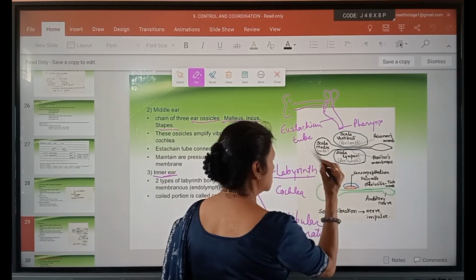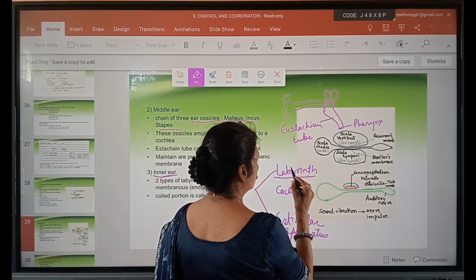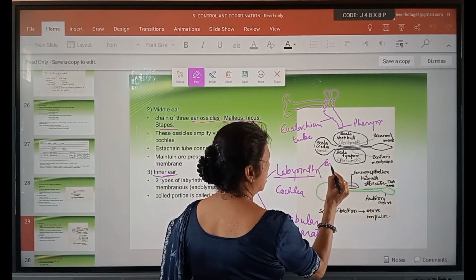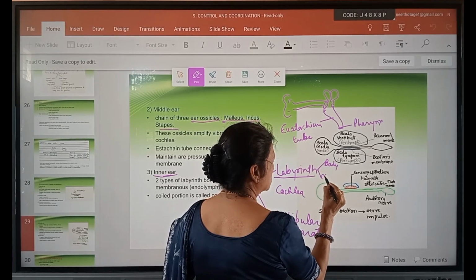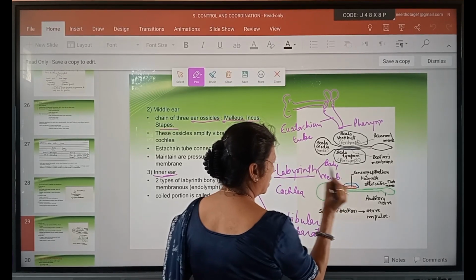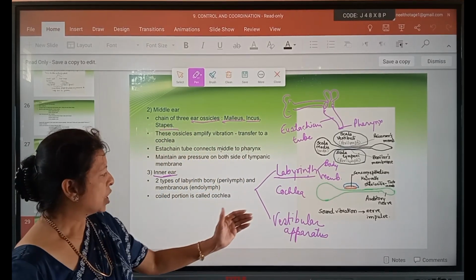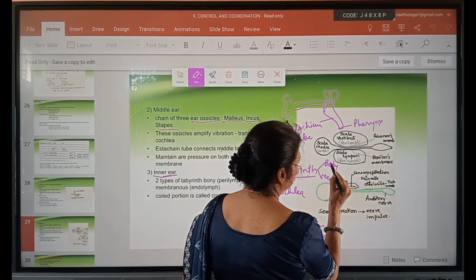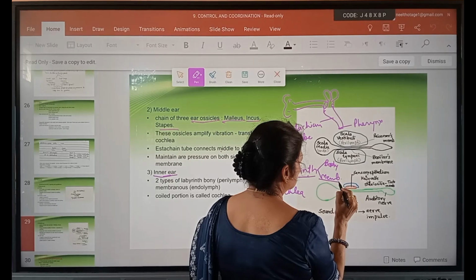Now this labyrinth is again divided into two parts: the bony labyrinth and the membranous labyrinth.